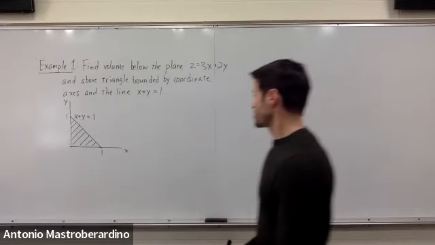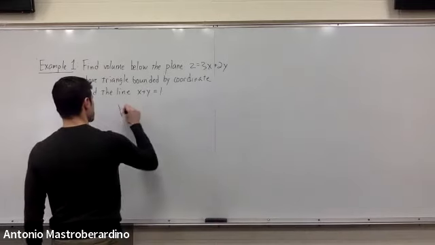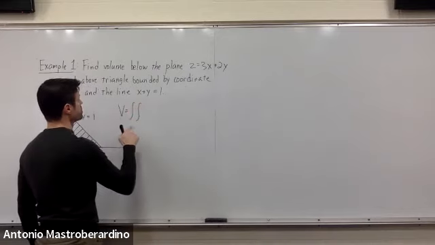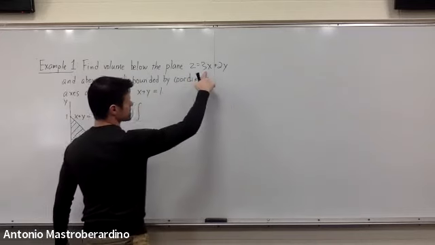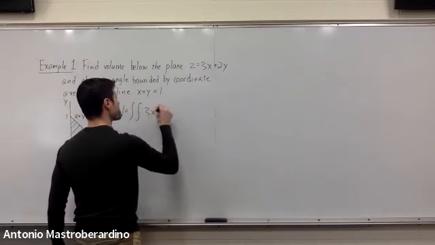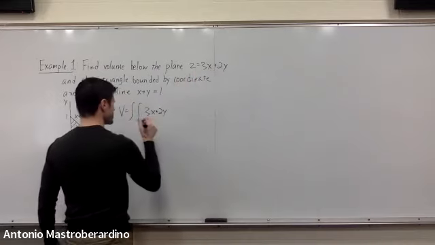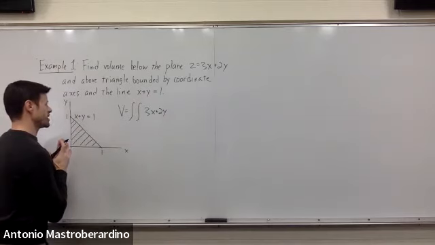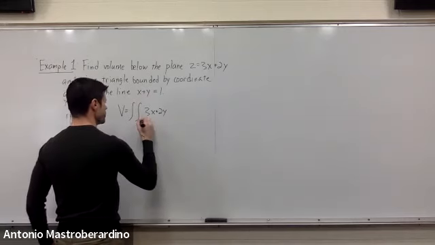So as a type 1 region, we want to convert our double integral, which is going to be computing volume. Okay, since this plane 3x plus 2y, as a function, is always positive over this triangle, we are computing volume.